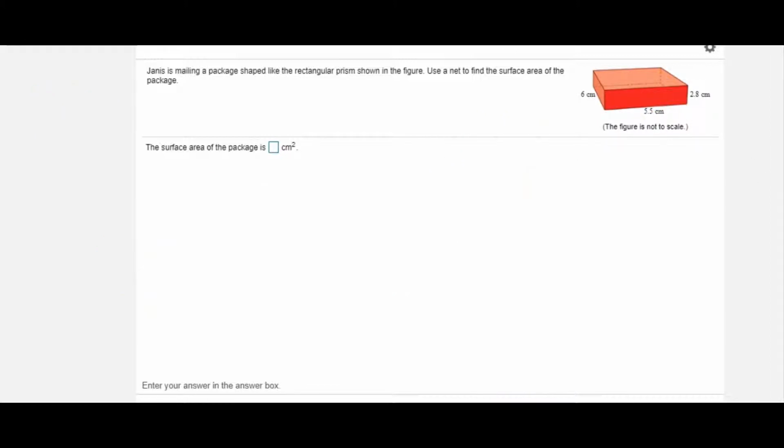So there's another way to find the surface area, the area of the surfaces of a three-dimensional figure, without drawing the net, even though it said draw the net, but they're concerned about the answer. So we're going to use it without the net. The first thing I want to do is find the area of my base. My base is a rectangle, so I need to use the formula area equals base times height.